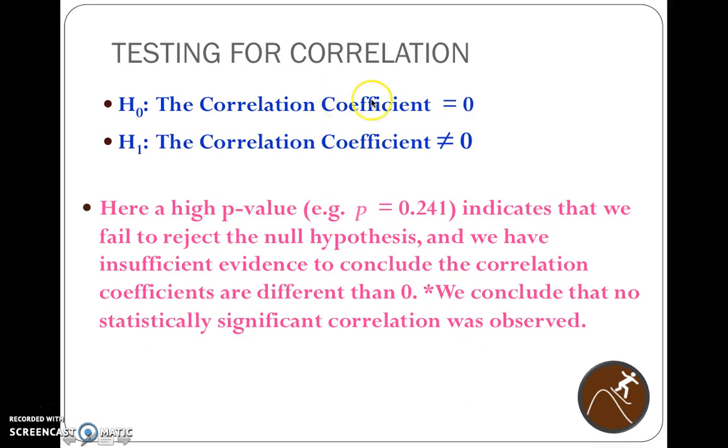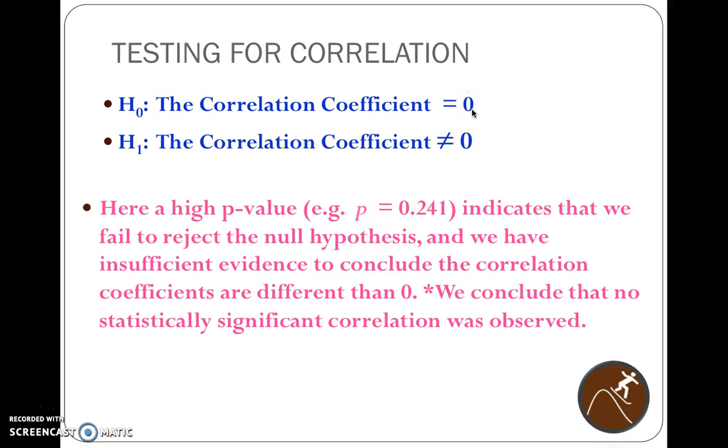Again, the null hypothesis says there's nothing different than 0, nothing's going on. The alternate says yes, there is something going on. Correlation coefficients have p-values, so a high p-value indicates that we can't reject the null hypothesis, and we have to conclude that the correlation coefficient is not different than 0.